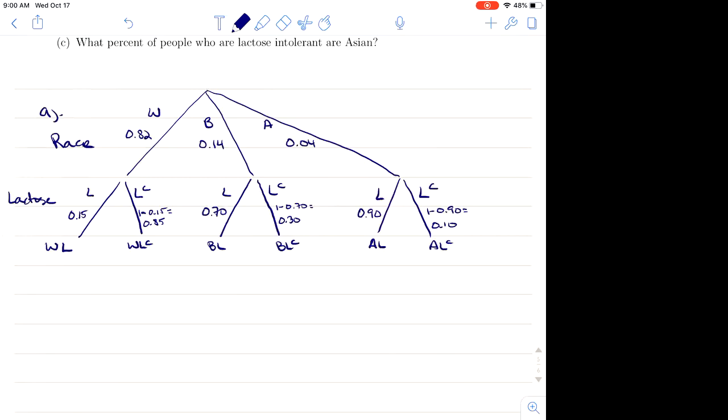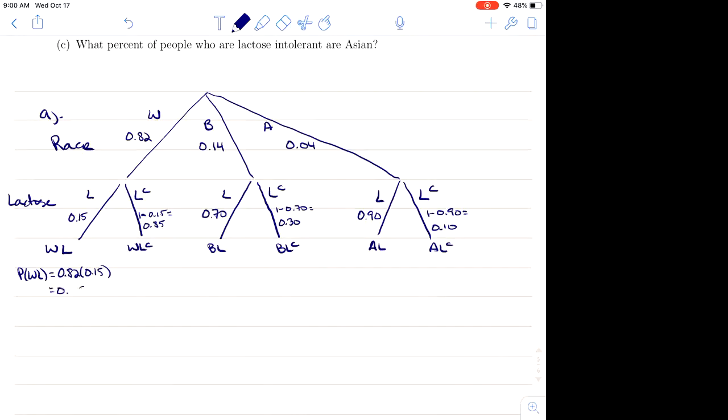We need to multiply down each branch, right? So the probability of WL is going to be 0.82 times 0.15, which is 0.123.